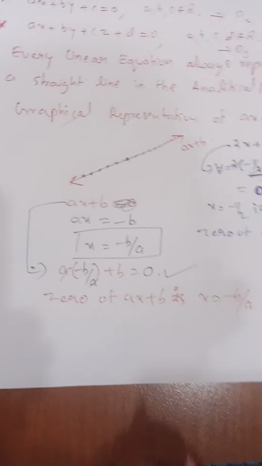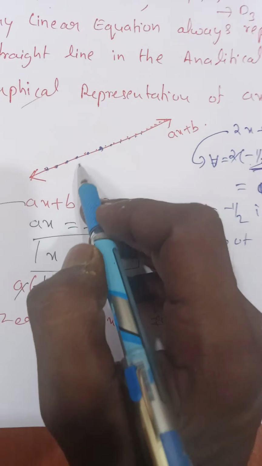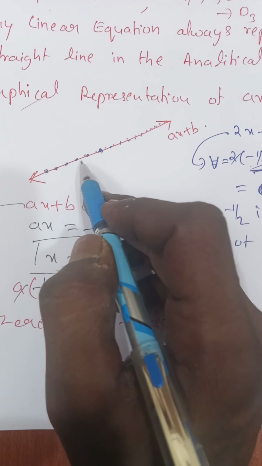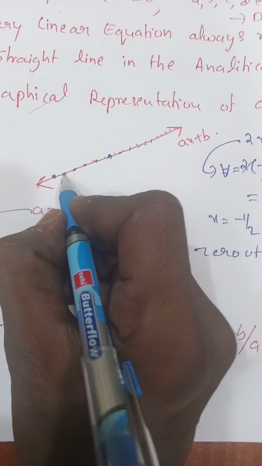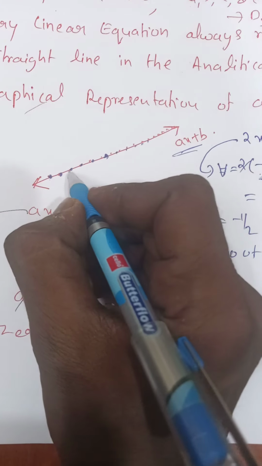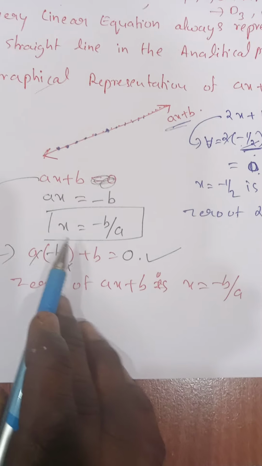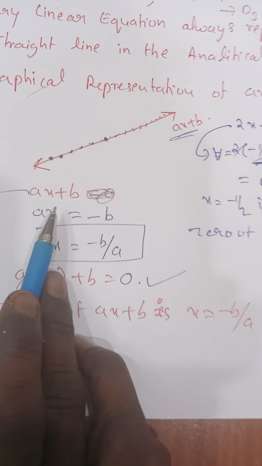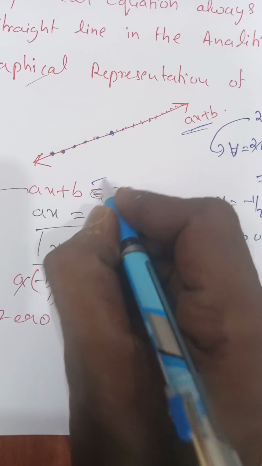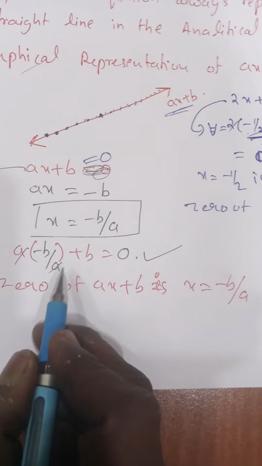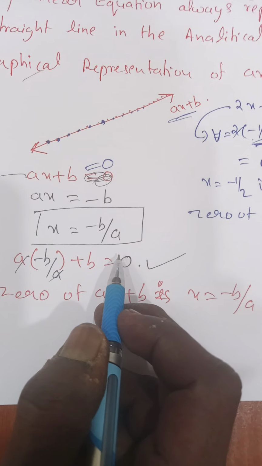And also we'll go to the graph now. Already I said on the straight line we may take many points on it. Whatever point is lying on the line, every point we call a solution of the line. So here this is also a solution: for the equation ax plus b equal to 0, x equal to minus b by a is a solution.